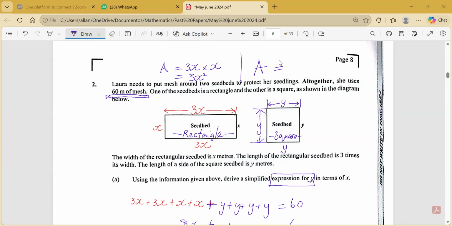How do we find the area of a square, Shalomi? Y by Y. Right, Y by Y. How much is that? Y by Y will give me what? Y squared.